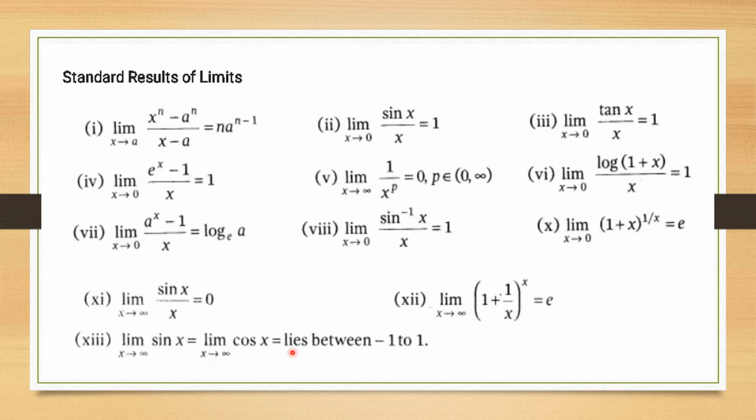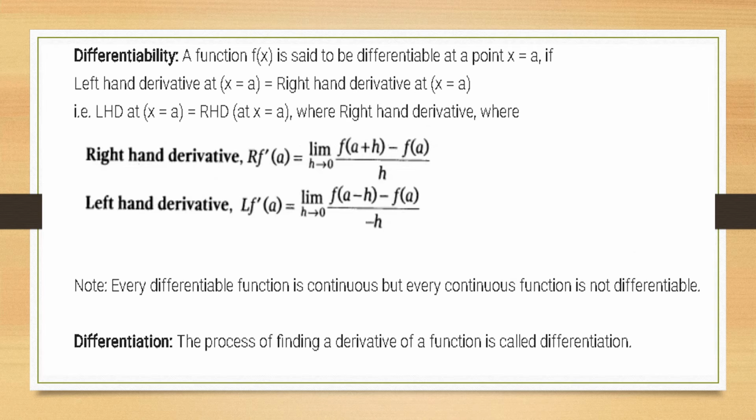Sine and cos are oscillating functions which have their values lying between minus 1 and 1. That's why the values cannot go beyond minus 1 and 1. However large a value you put, the greatest value will be 1 and the smallest minus 1. So remember these results.